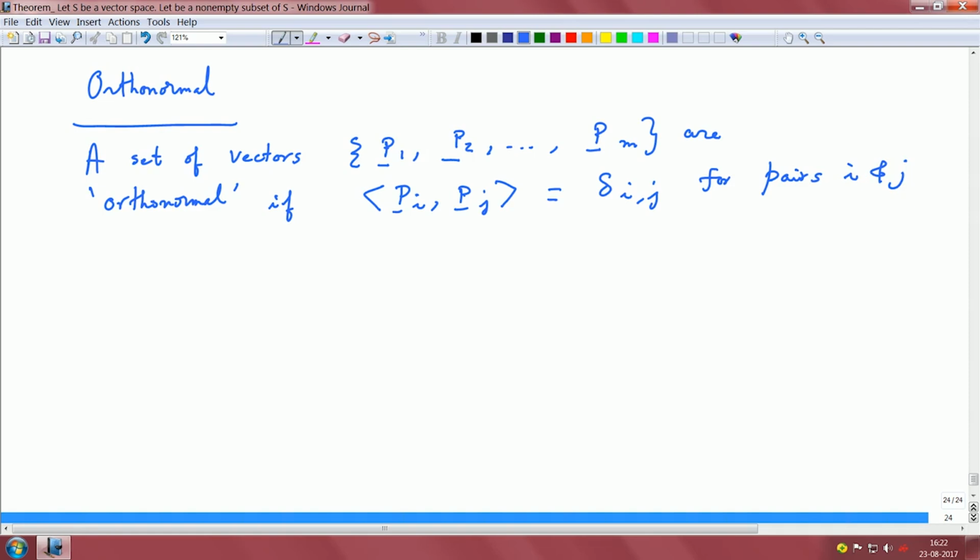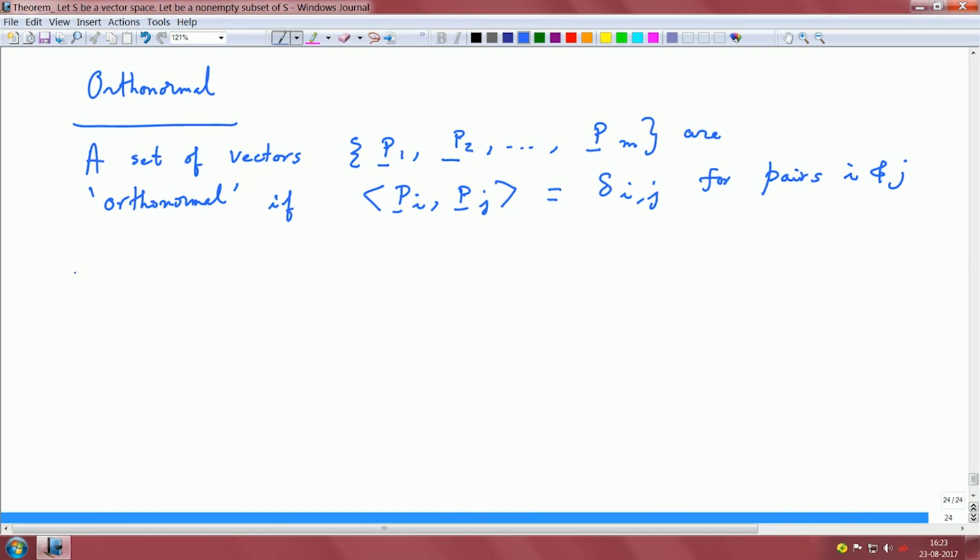Easy to verify. If i is not equal to j, this is evaluating to 0, the condition for orthogonality, and if i and j are the same, this is basically delta ii which is 1. So you are having this measure.